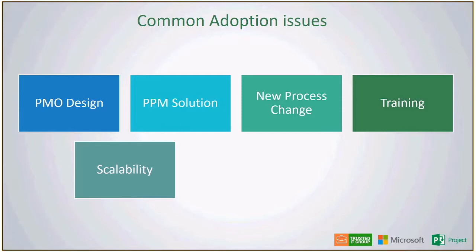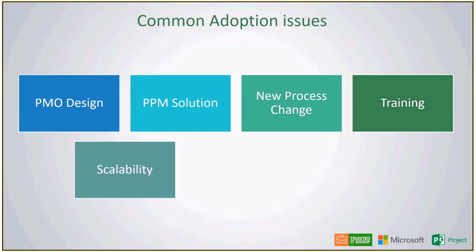We need to hire another 20 project managers. How do we train them? We're going to go through this whole training and change process all over again with these guys. So there's a way to think about your PMO and the growth potentially, how to scale it out.